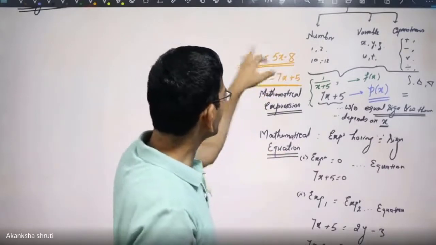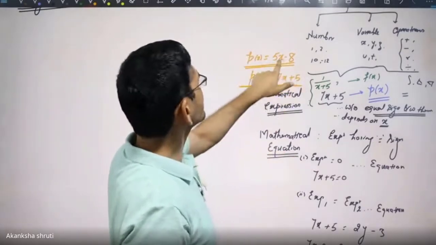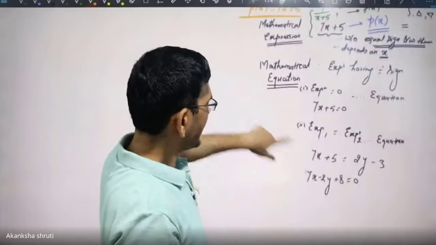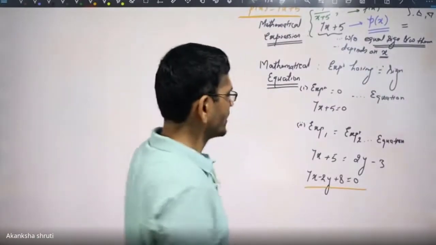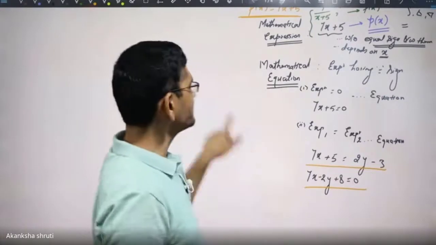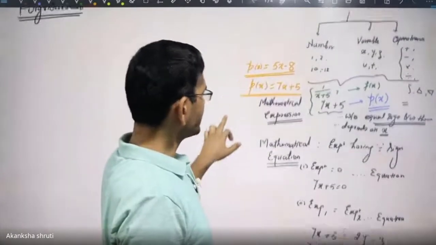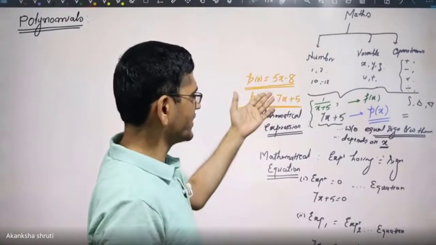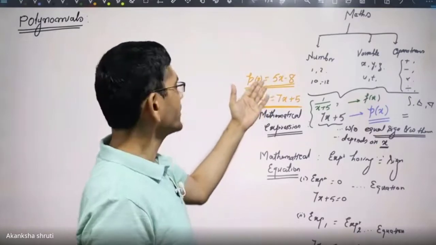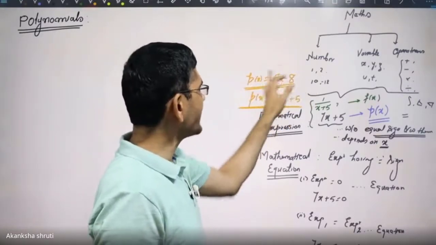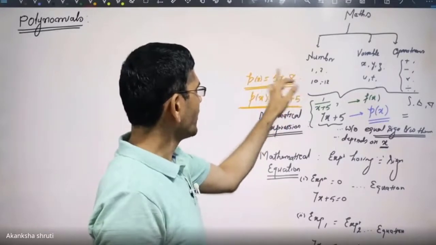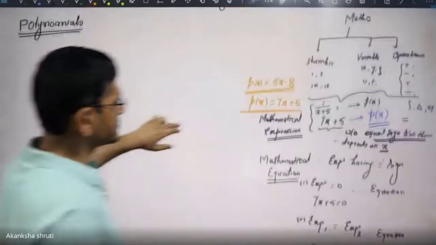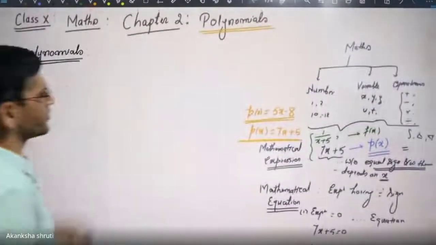But do not get confused, it is not an equation. For an equation, some expressions should be on this side and some other expressions on this side, and ultimately it shall give something like this. These are very simple things. Otherwise students get confused, thinking that because we are using this equal sign here, it is an equation. No, it is an expression only, denoting this dependency on x for this mathematical expression by p(x). So these things we are going to use in defining the polynomial.